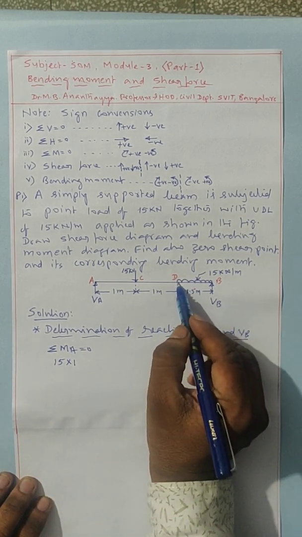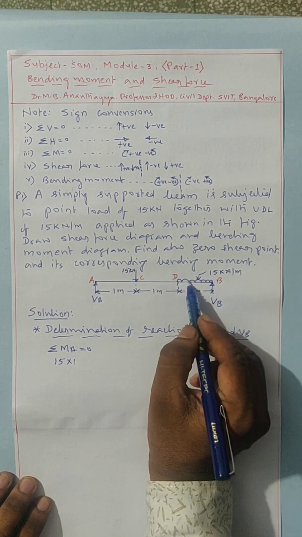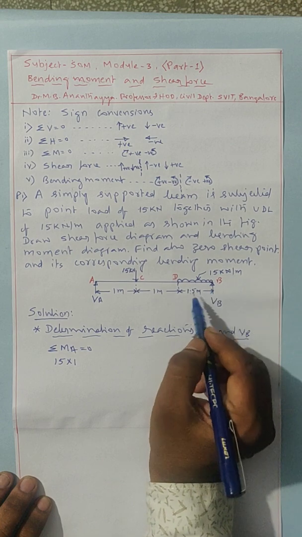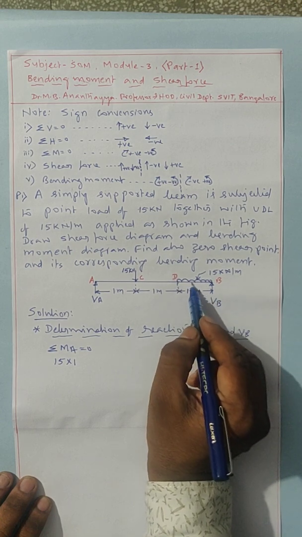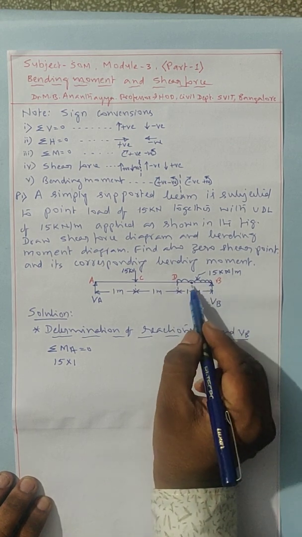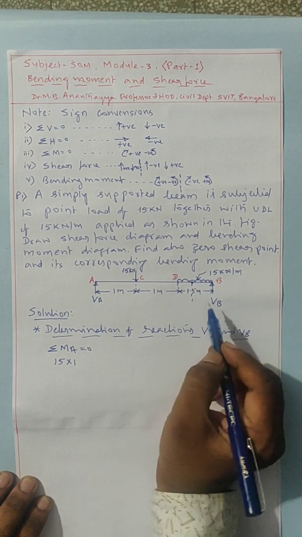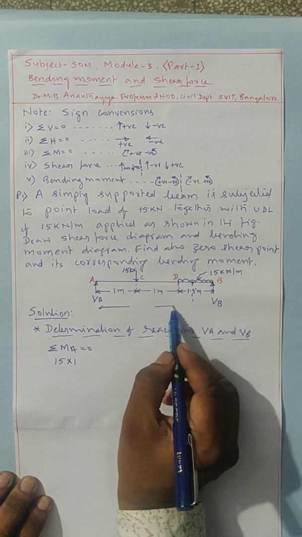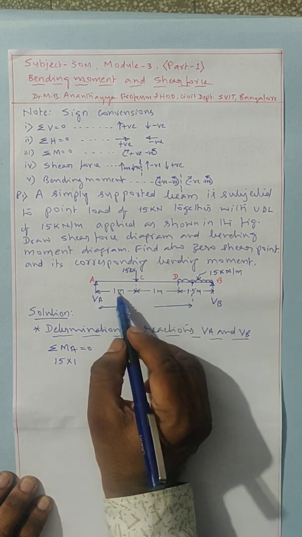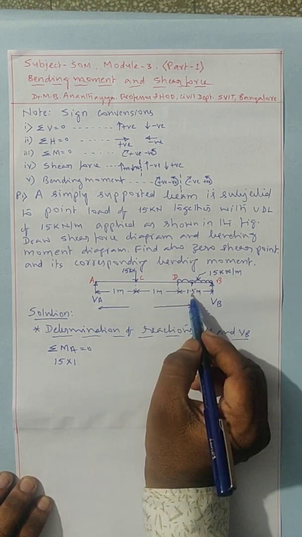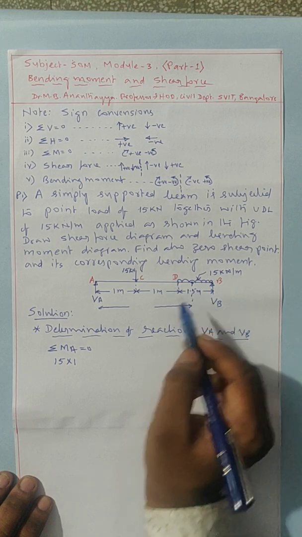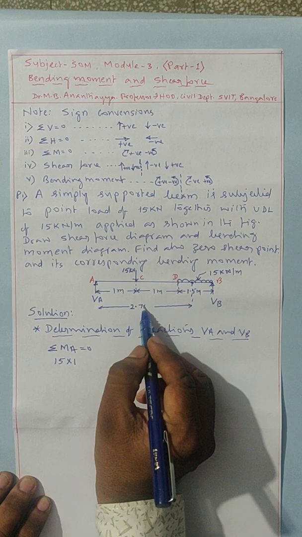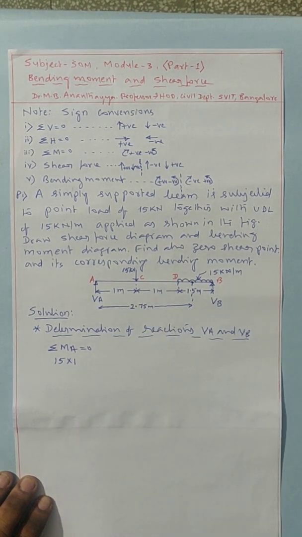Similarly, the next load is this UDL. Moment of the UDL is 15 into 1.5 into its CG distance from A. Its CG distance from A is 1 plus 1.5 by 2, which means 0.75, so it is 2.75 meter.